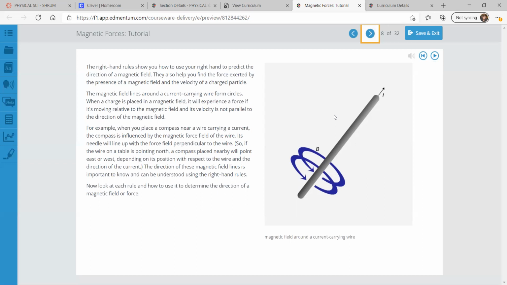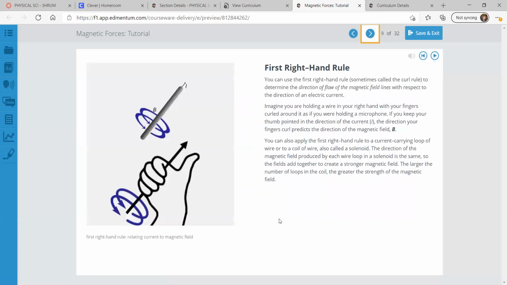The direction of these magnetic field lines is important to know and can be understood using the right-hand rules. Now look at each rule and how to use it to determine the direction of a magnetic field or force. And here's a diagram and the thumb and hand diagram here.